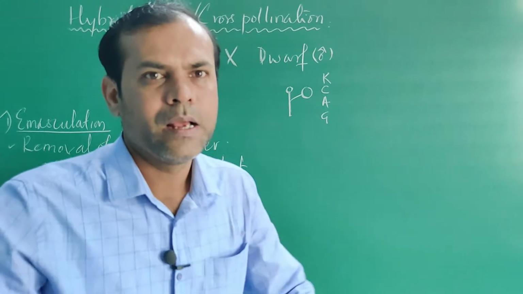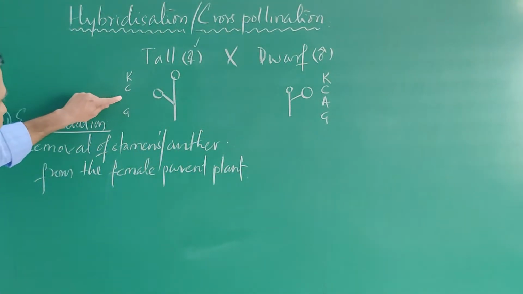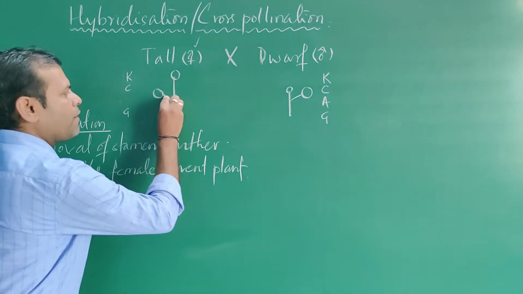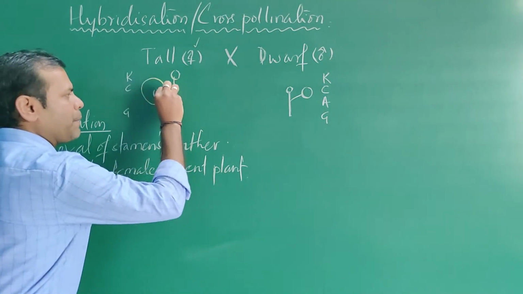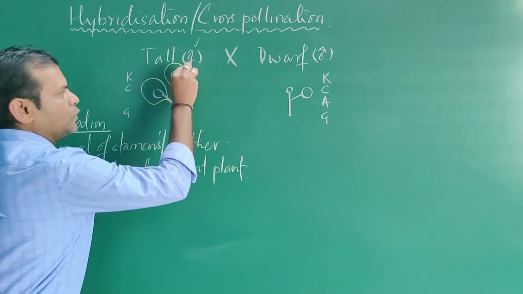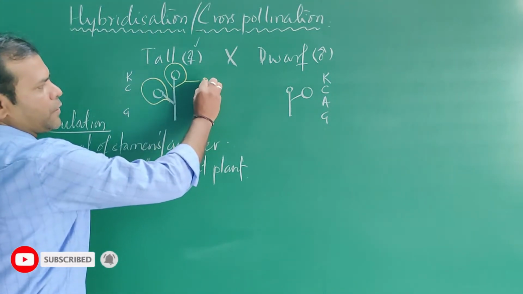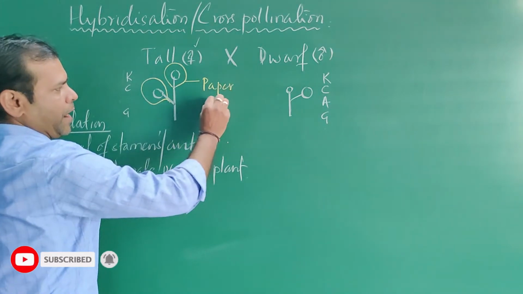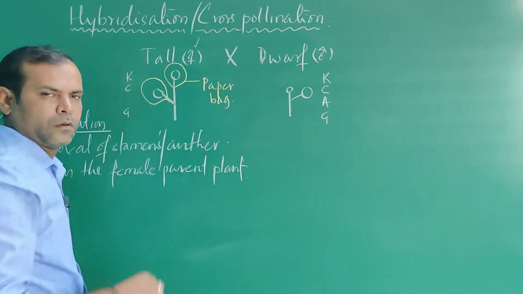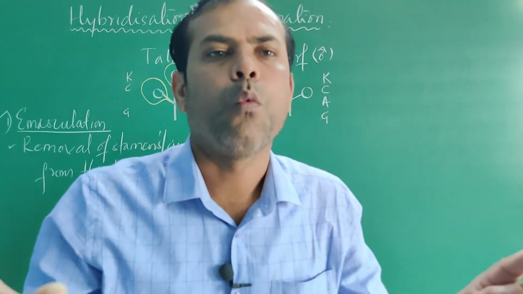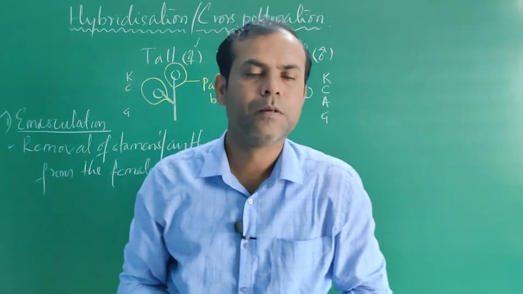Second one is what? Bagging. Once you remove the anther, now cover the flowers of this female plant with a paper bag. This is called bagging. Now, why is covering important?